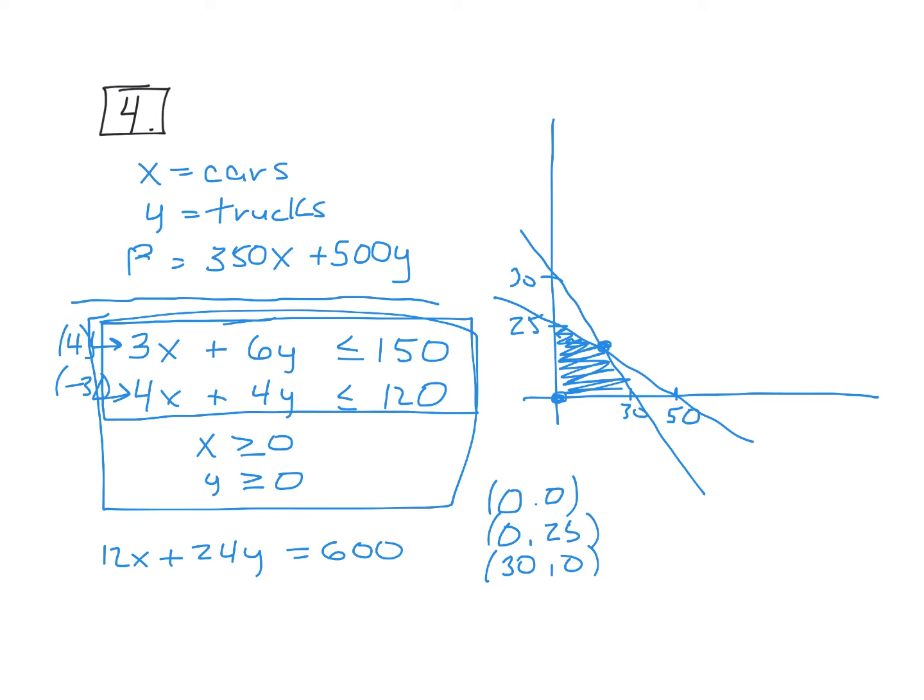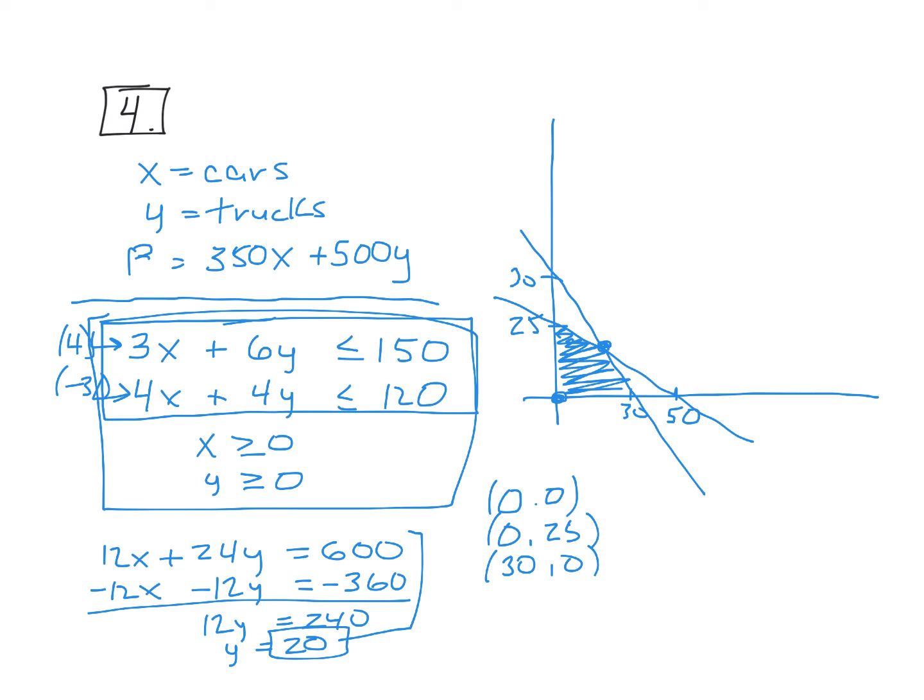Multiplying the second one by negative 3, I'd have negative 12x, negative 12y is negative 360. x is eliminated, I end up with 12y is 240. So y would be 20. Then plugging 20 back into one of these equations, I would find my x to be 10. So this corner point right here would have the coordinates (10, 20).